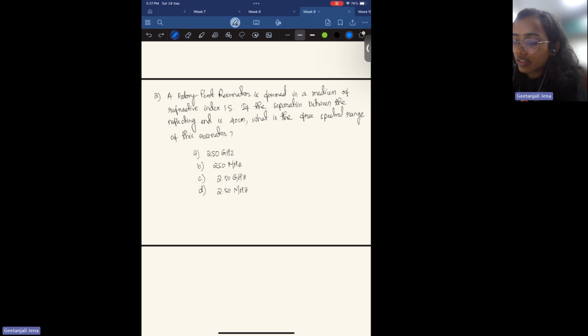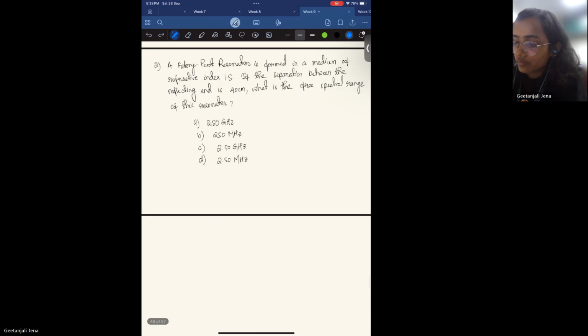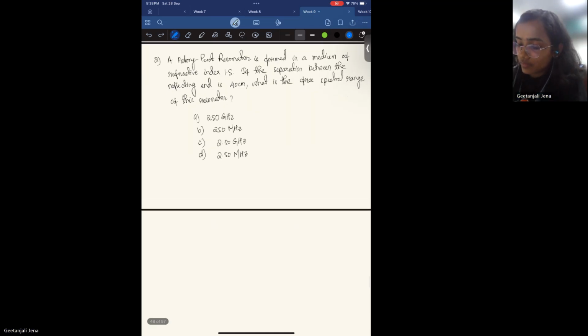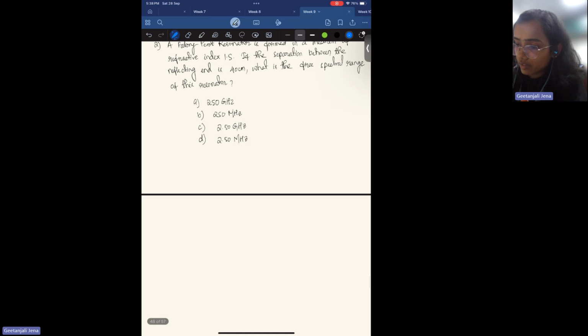What is the free spectral range of this resonator? So you have a Fabry-Pérot resonator where the refractive index is given as 1.5. The separation between the reflective ends, which is L, is 40 centimeter.